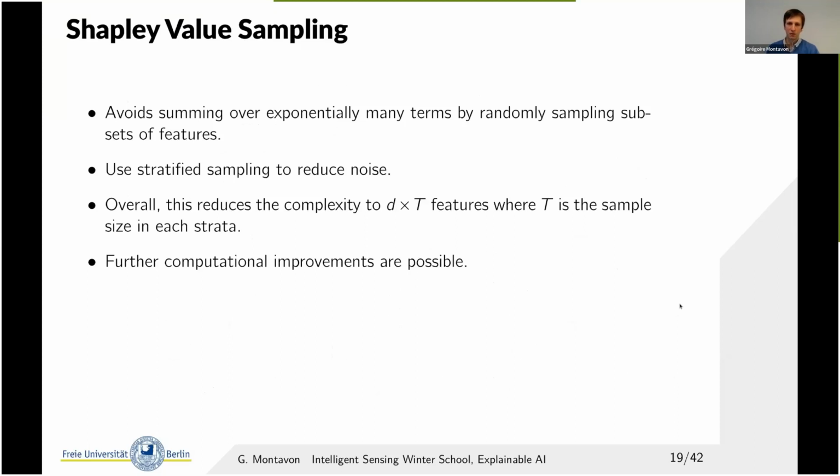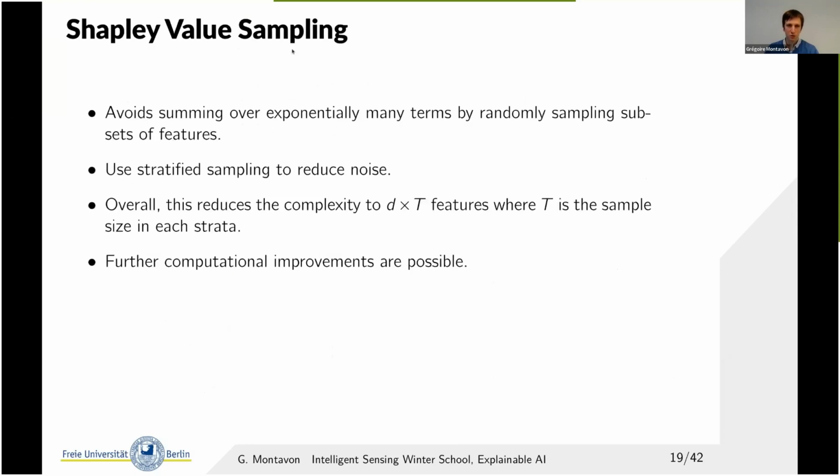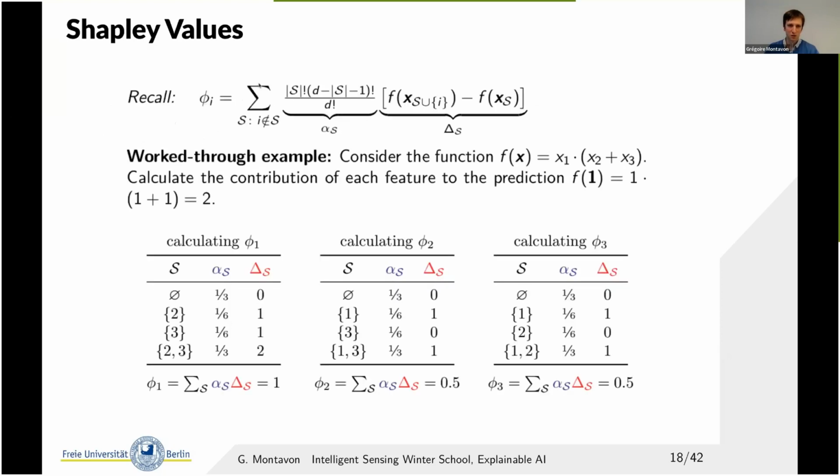Okay, so now, as you might observe, this sum is actually very large if you have not only 3 features, but many features. So if you have d features, you have an exponential number of terms in the sum. So one approach is to sample, and instead of summing over this exponentially many terms, you will basically randomly sample some of these values.